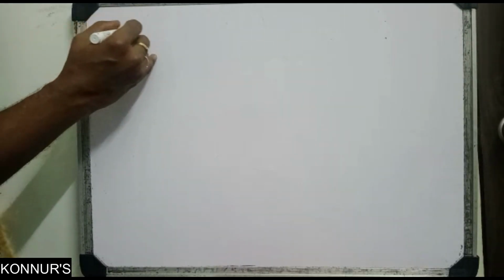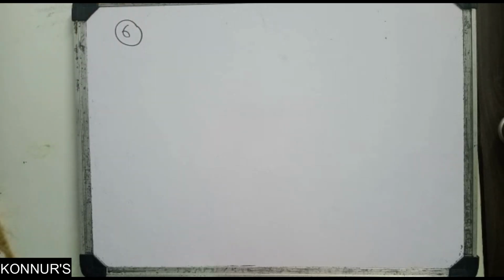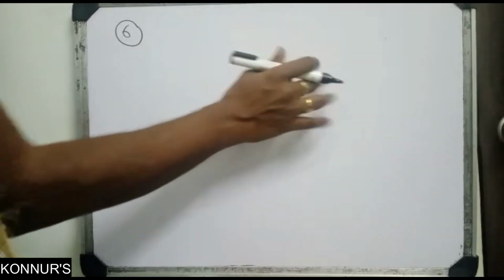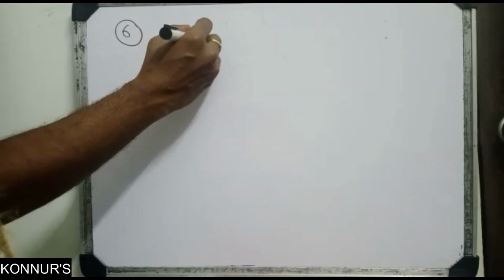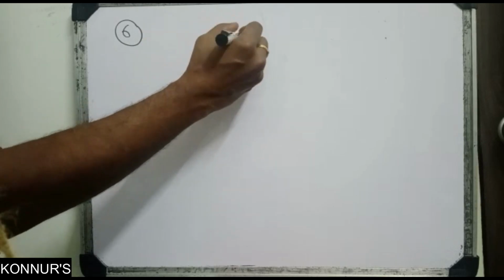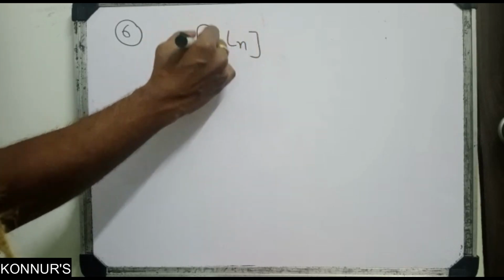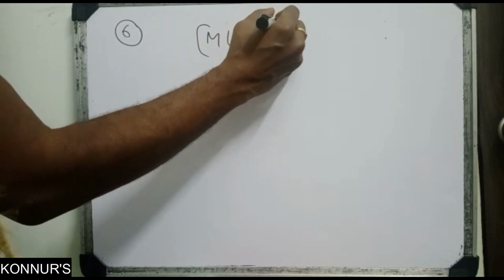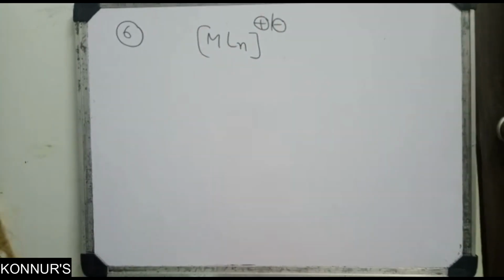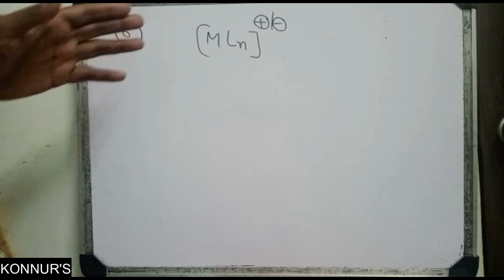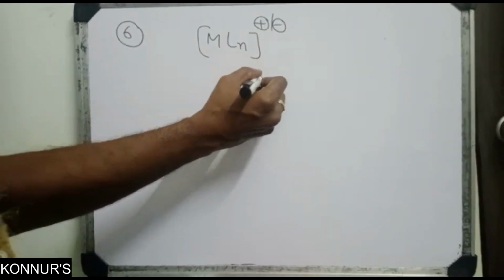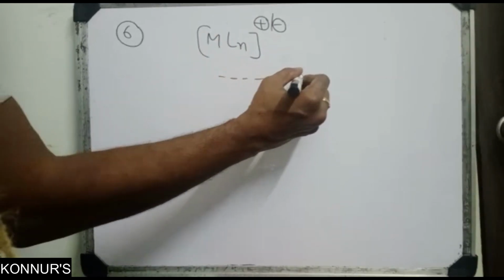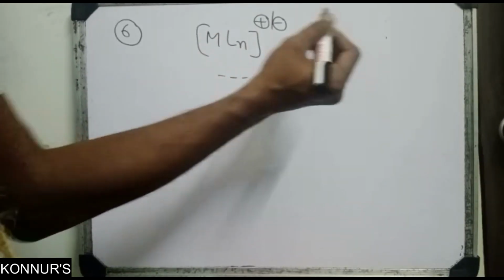See, if the given complex contains no charge on top, that is positive, otherwise negative charges. Suppose the given complex sphere contains any charge on top, then the last part of its name ends with ion.